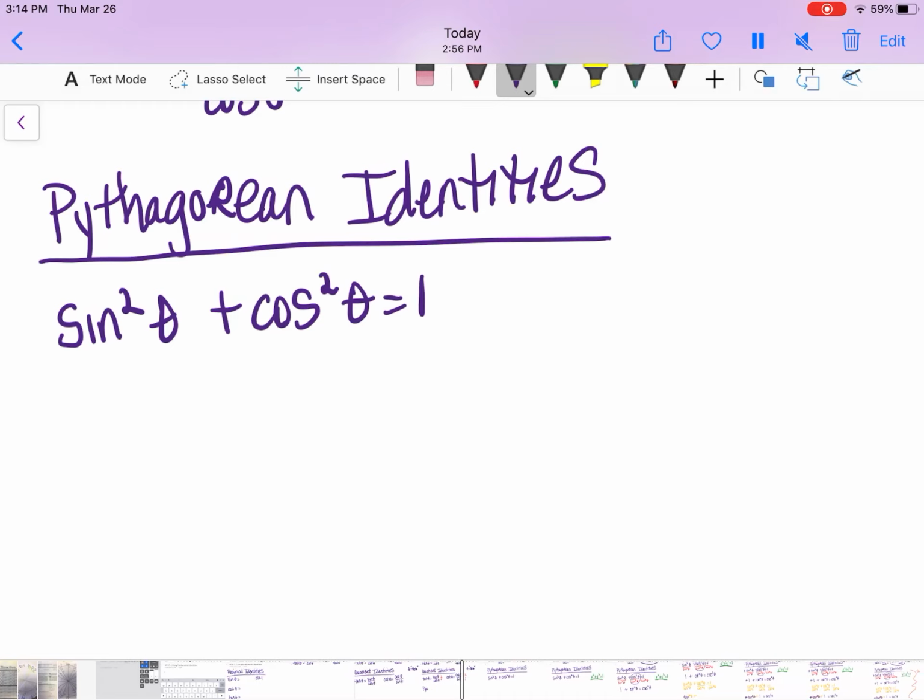Now, doesn't that kind of look like the Pythagorean theorem? Okay, that's why these are called the Pythagorean identities.